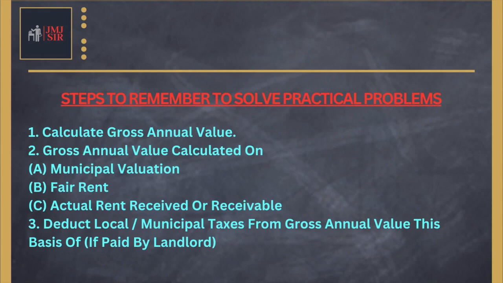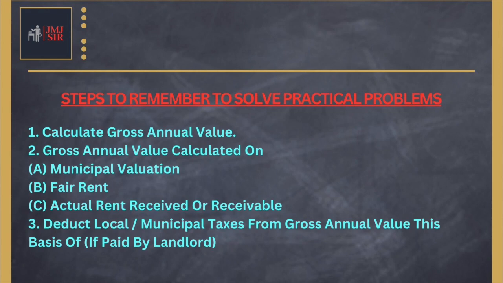In all the examples, the very first step is to calculate the gross annual value, which is calculated on the basis of the municipal valuation, fair rent, and actual rent received or receivable. You will be very well aware of the calculation whenever the practical question's solution is in front of you.